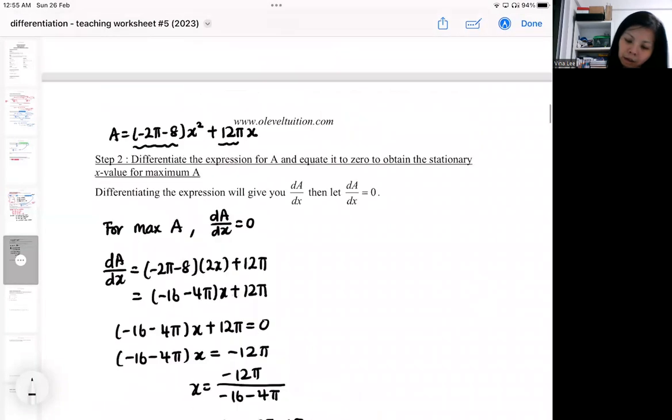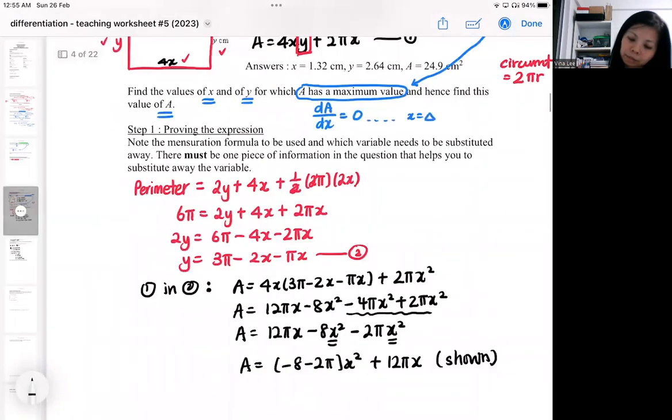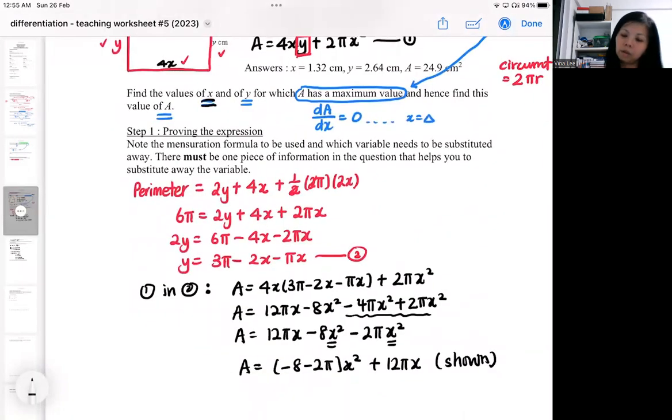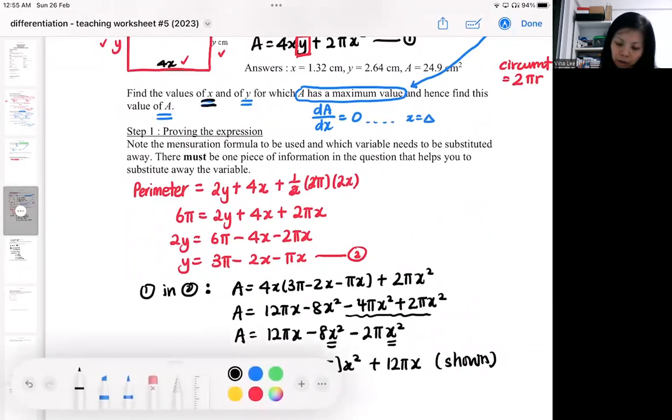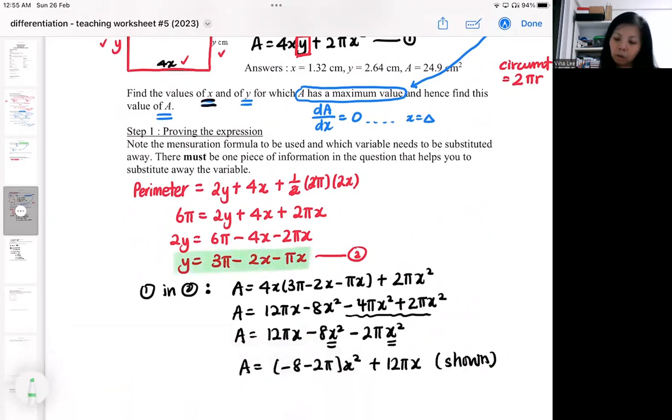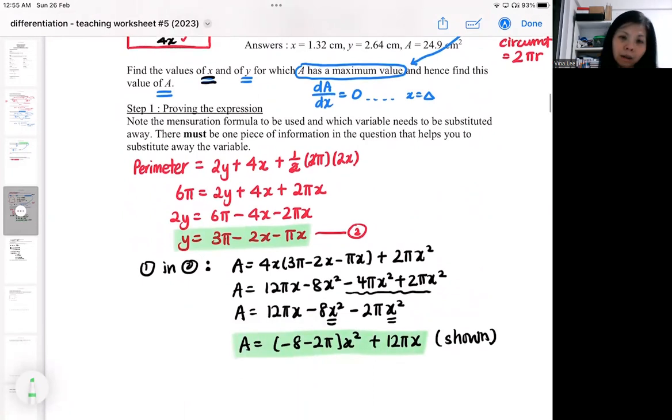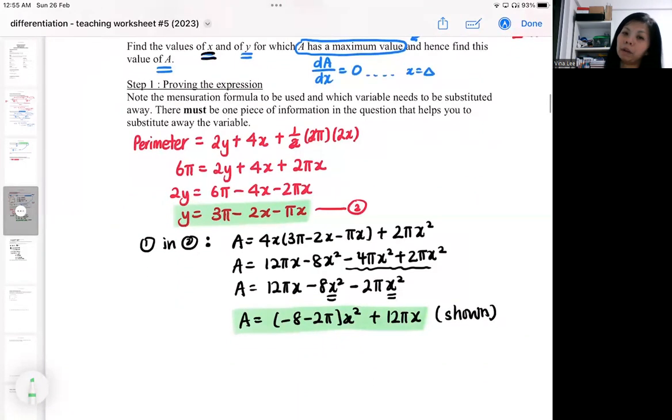So if you look back, I already found my x. Now I need to find my y, and I need to find my A. Very simple. Do you realize that you already got a formula for y, and you also got a formula for A?